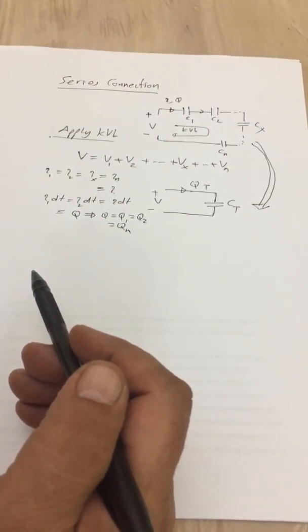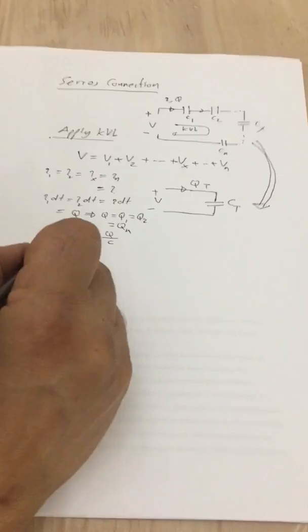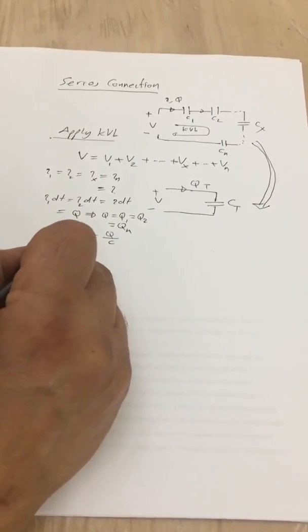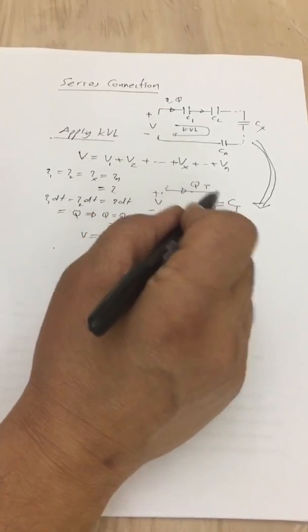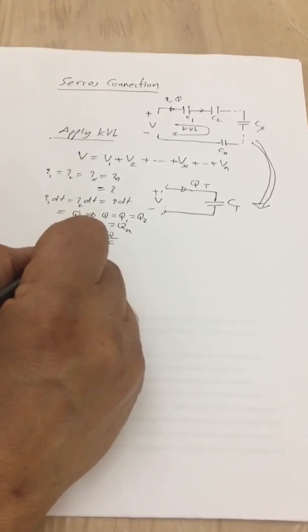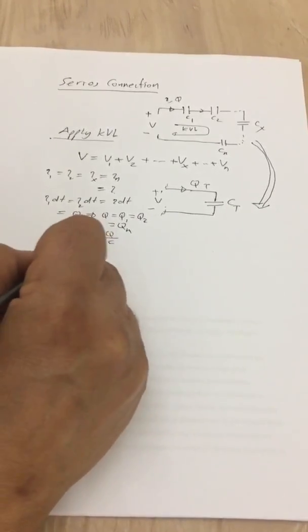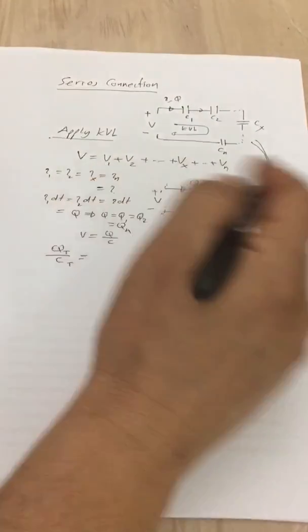Now we apply this. What is V? V is equal to Q divided by C. So V total, this voltage here, is equal to Q total divided by C total. So Q total divided by C total will equal the sum of all these voltages.